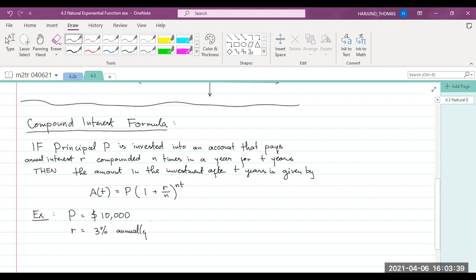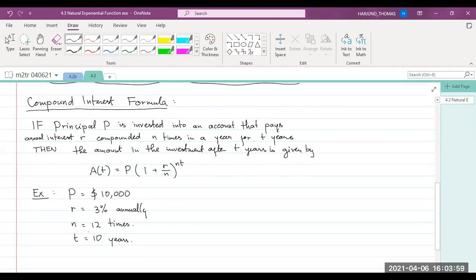And that account gives you interest every month, which means it is compounded 12 times a year. And let's say you deposit that for 10 years. Then the question is, how much money do you have at the end of those 10 years?